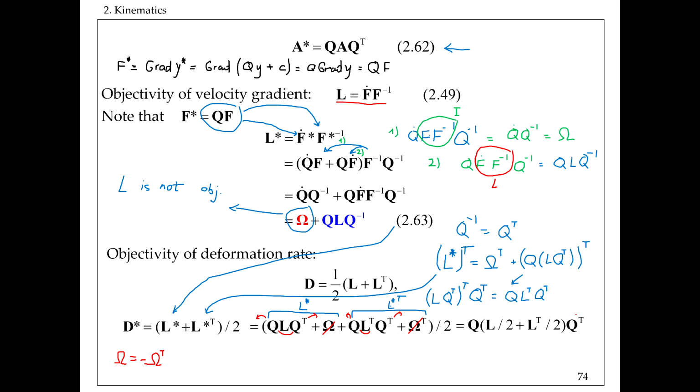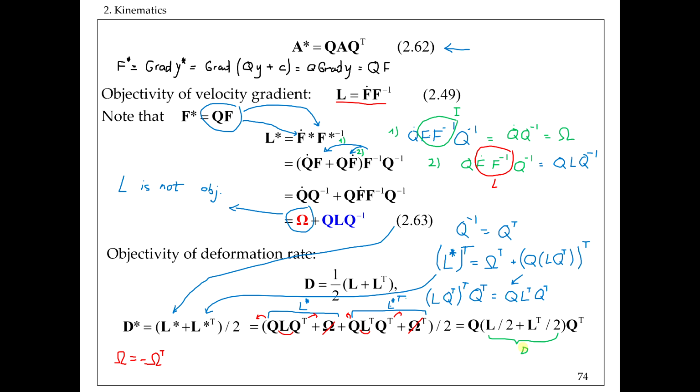And again, if I pull them in, that Q will multiply this and that guy, and that Q will multiply this and that guy, but from the left. And so I'll have these two terms again, back again. And then I can note what is very good for us here, that this is nothing but D, the deformation rate.